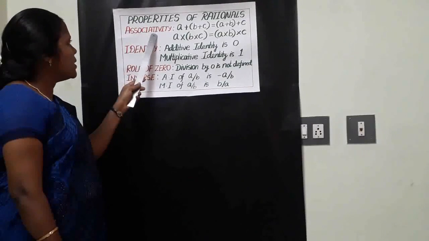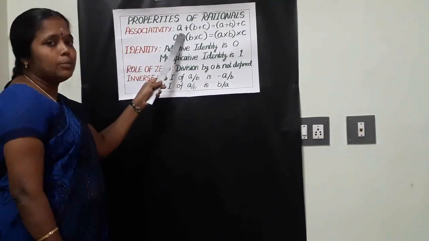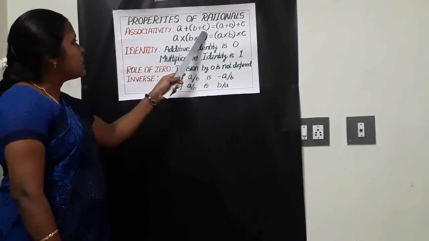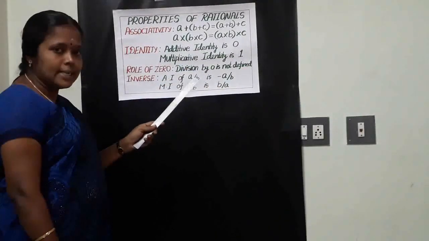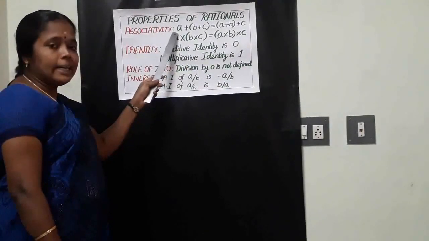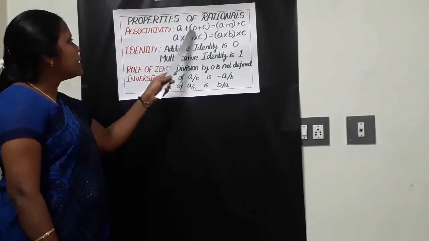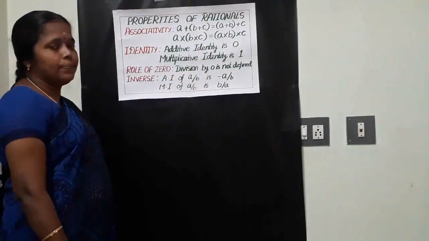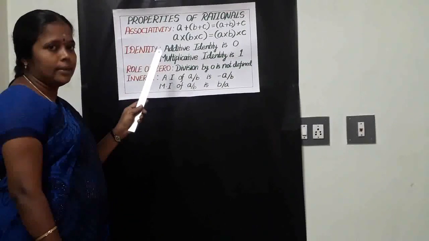What is associativity? What is the formula? For any three rational numbers a, b, c, (a + b) + c is equal to a + (b + c). This is associativity of rational numbers under addition.